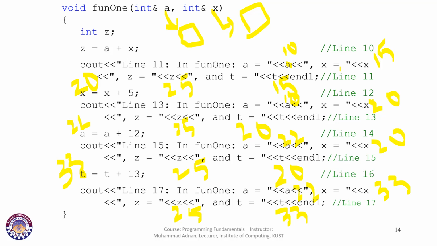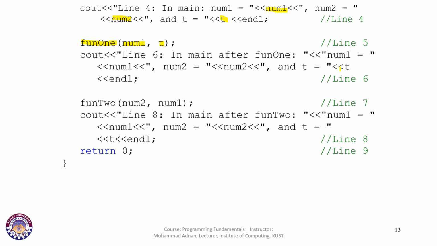So after that, function 1 is called. The control moves back to the calling function. Here in the main, after function 1, we print the value of num1, we print the value of num2 and t.